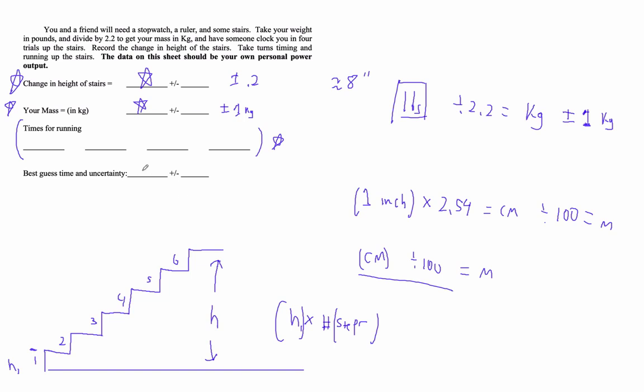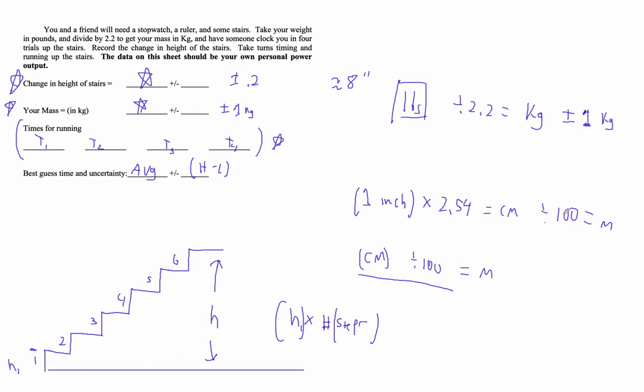The next video shows you how to figure out this uncertainty, but basically it's going to be the highest time minus the lowest time divided by 2, and the best guess will be an average of your times, time 1, time 2, time 3, time 4. I do this with actual numbers in the next video.